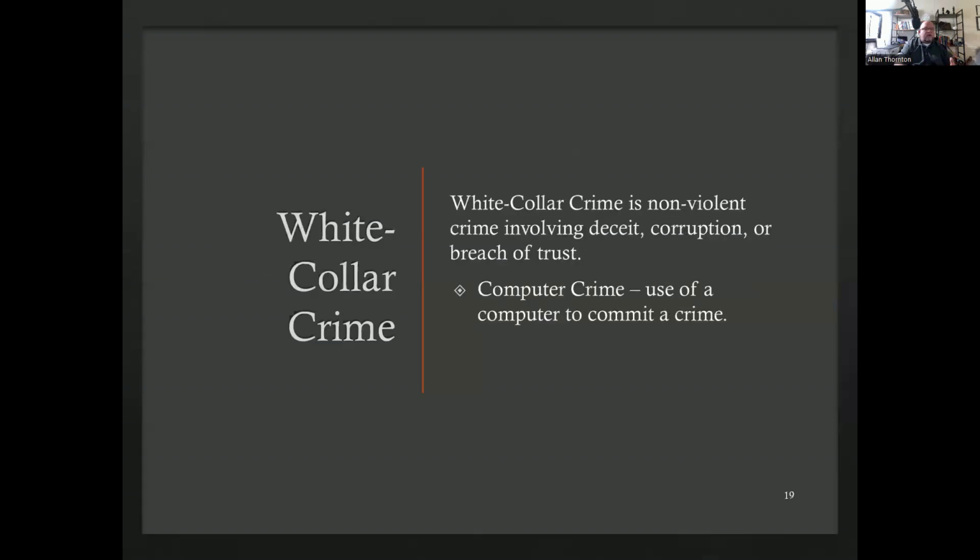But we also have crimes that happen against businesses. So let's look at a few of those. A white collar crime is a nonviolent crime involving deceit, corruption, or a breach of trust. The term white collar comes from almost everyone who ever worked in an office, and most people still wear a white shirt with a white collar on it.